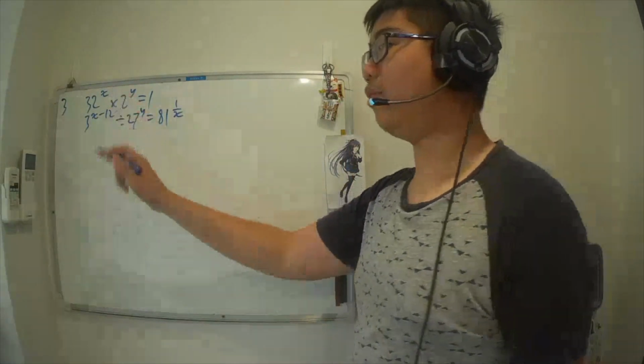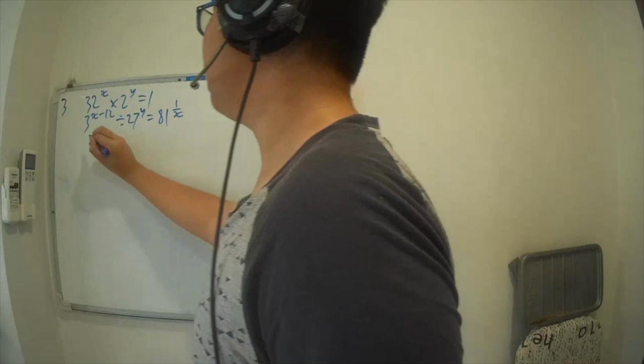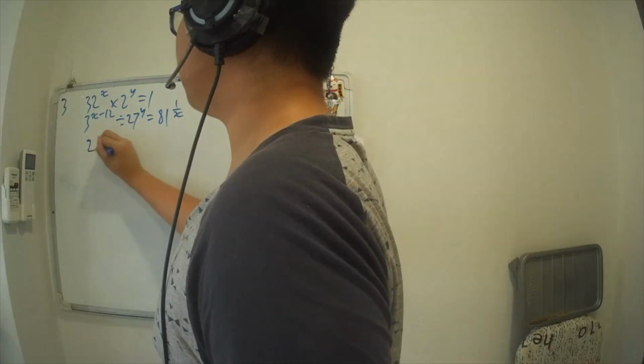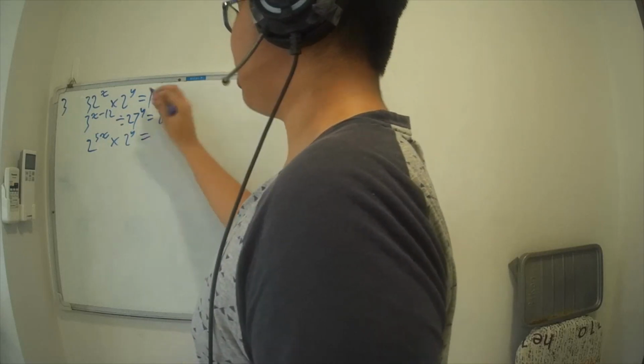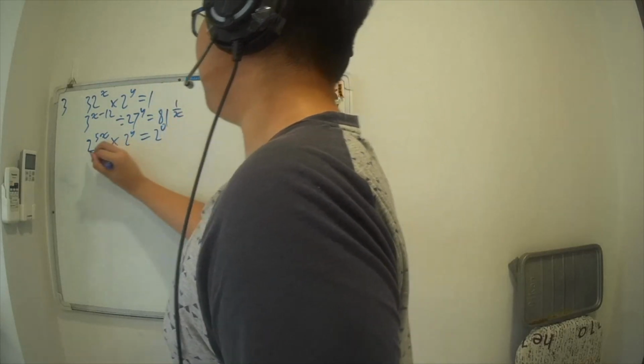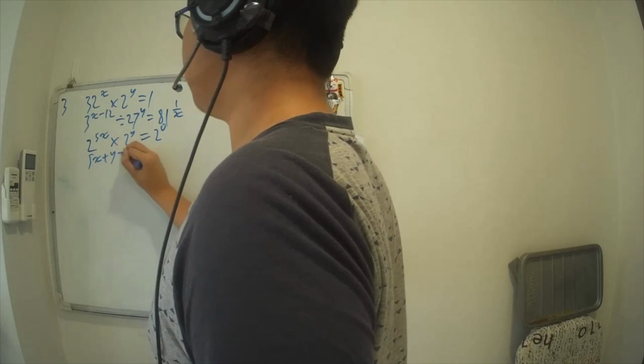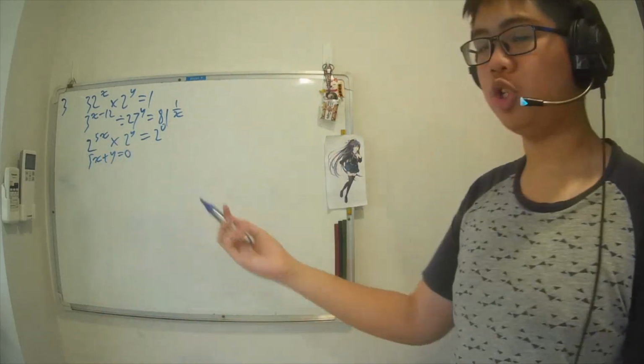So let's look at the first one. We know that this is 2 to the 5x, right? Times 2 to the y. Okay, we can write 1 as 2 to the 0, which means that 5x plus y equals 0. So this is our equation 1.